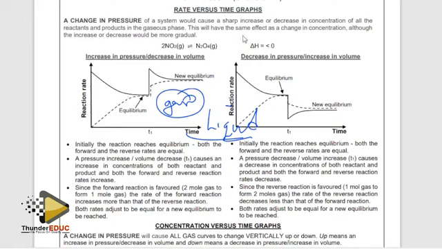For example, if this is 2 moles and then this is 1 mole, when I increase the pressure here, the 2 moles, what is going to happen? It means that the volume is going to decrease. You understand?